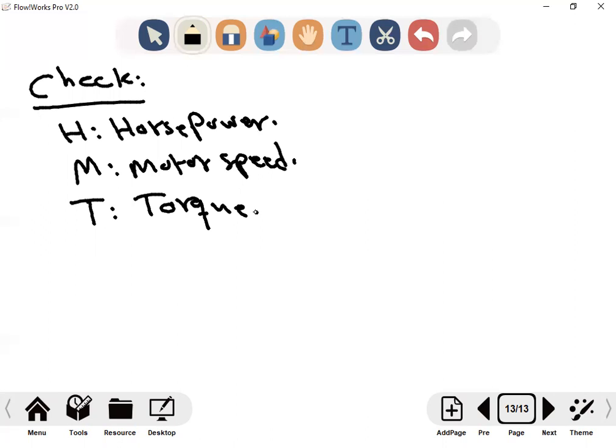طيب let's read it again now and we will translate it depending on these shortcuts which we made, right? Again read يا خالد. بس so مين اللي هو الهورس باور؟ So H equals, right?